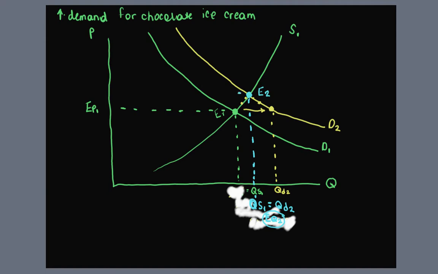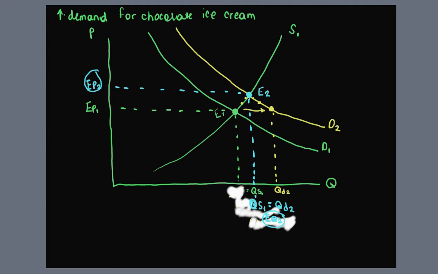If I take a look at what has happened to the equilibrium price and quantity, I see that my equilibrium quantity has increased, and equilibrium price has also increased.